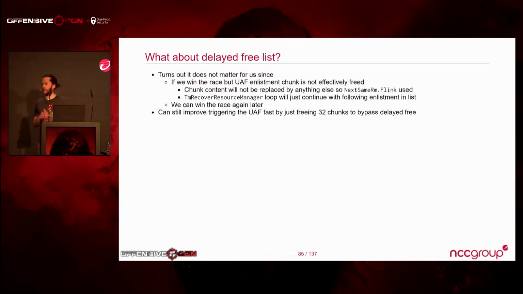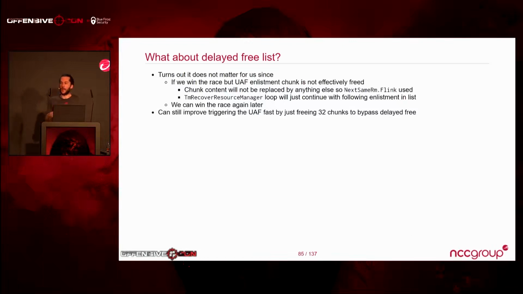And actually, the first exploit we got working didn't take that into account. The interesting thing is that because we can trigger the race several times, run this loop, even if we make it suspended at the right spot and we fail to replace the object, because of the delayed free list, when it's going to actually use it, it's going to use the one in the delayed free list, which hasn't been reused anyway.